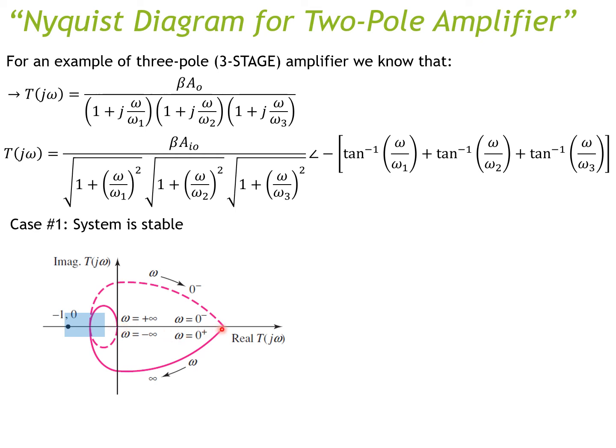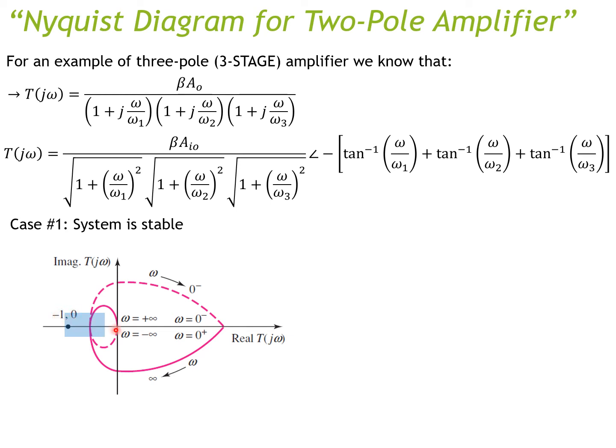If you do the other way, varying omega from 0 to negative infinity, you go in this direction on the way down and up. But I want you to examine this point, the point minus 1.